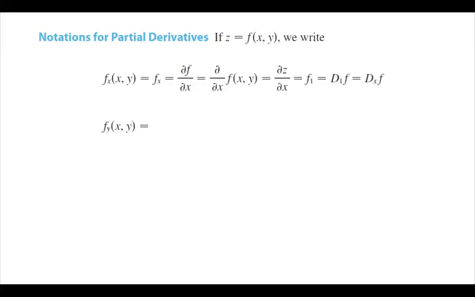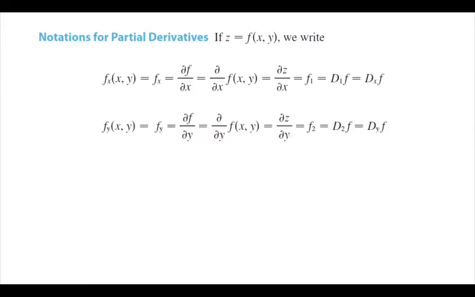The same for partial derivative of f with respect to y, which is f sub y, partial derivative of f with respect to variable y, partial derivative with respect to variable y of function f, partial derivative of z with respect to y, f2, D2f, or Dy f. So these are different notations that we use for the first partial derivative of a function.